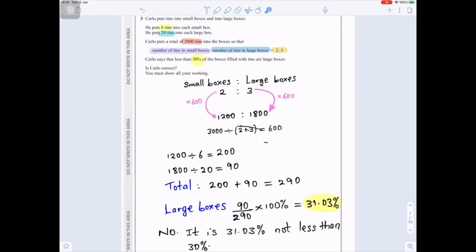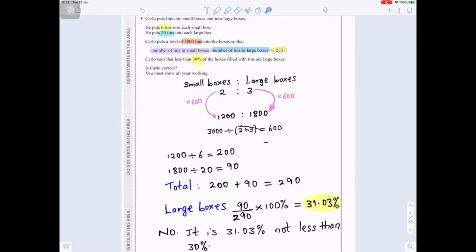So let's start. We have small boxes to large boxes. It says 2:3. So now if we multiply 2 times 600, it gives us 1,200. What we do to the left, we do the same to the right. 3 times 600 gives you 1,800.